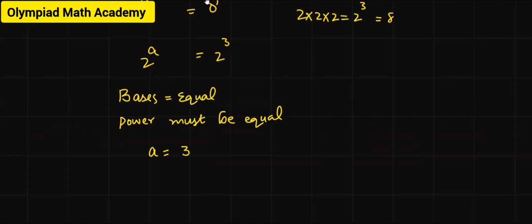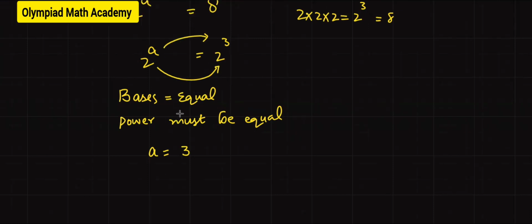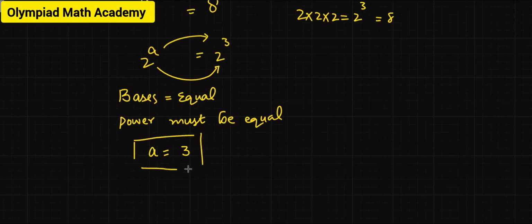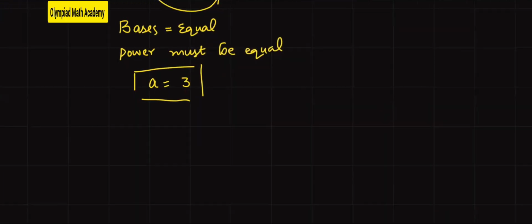As the bases are same, like 2 and 2, so the powers are a and 3. If the bases are equal, the powers must be equal. So from this I got the answer a equals to 3.